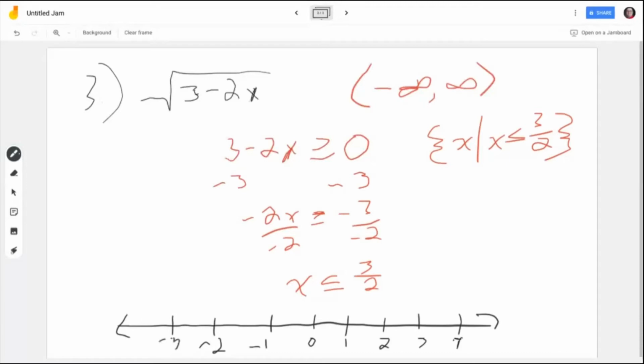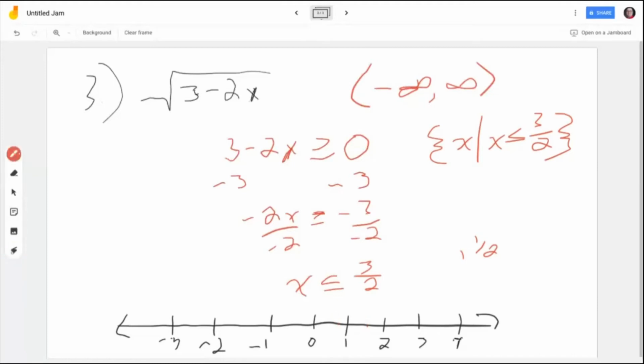That's fine. And where's 3/2? Well, 3/2 is basically the same thing as 1 and 1/2, right? And so 3/2 is going to be about here between the 1 and the 2. So, oh, not there, here.